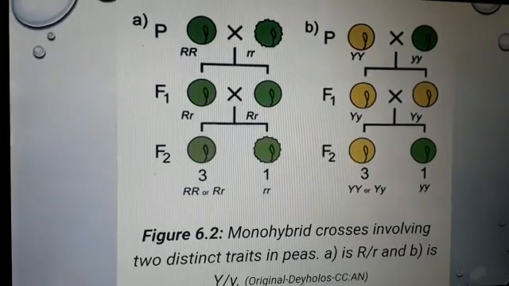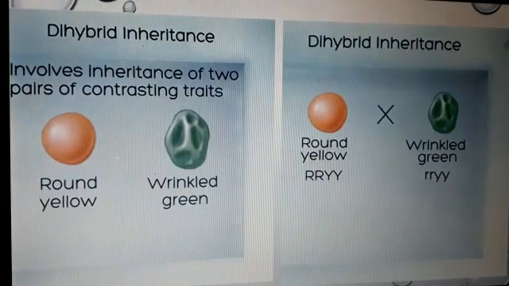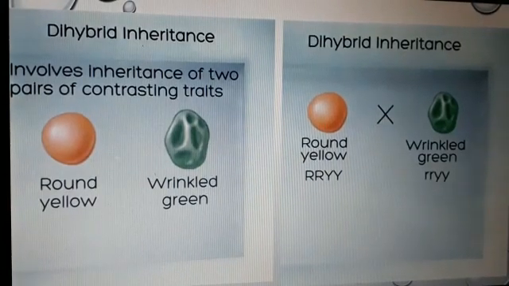Thus, for the dihybrid cross, two contrasting traits are chosen by Mendel, and they were shape and color of the seeds, and these were round yellow and wrinkled green. Thus, this involves inheritance of two pairs of contrasting characters, the round yellow and the wrinkled green.